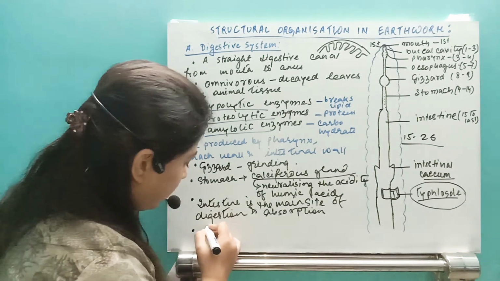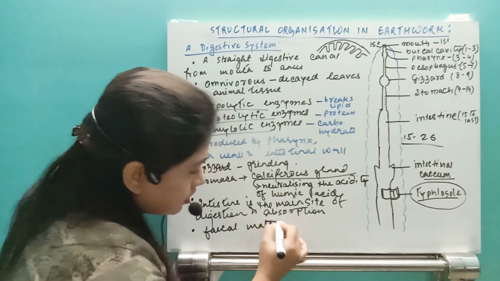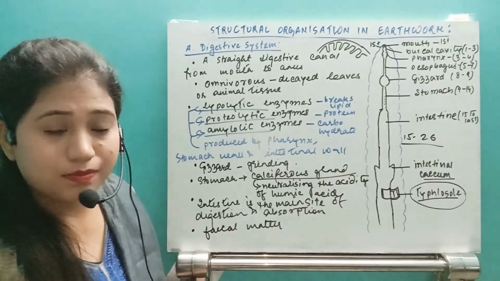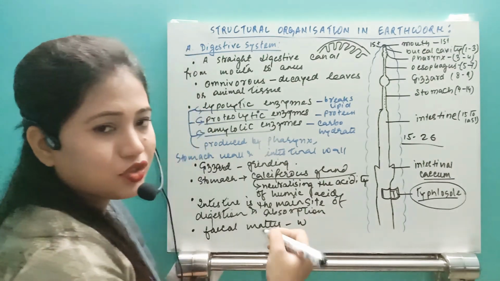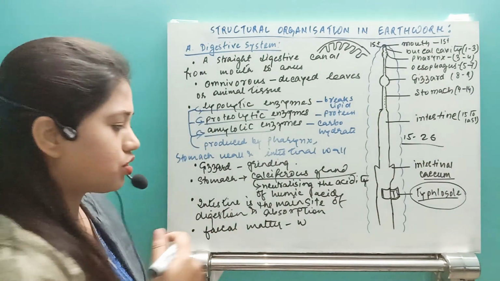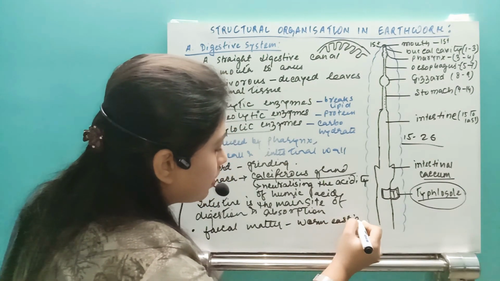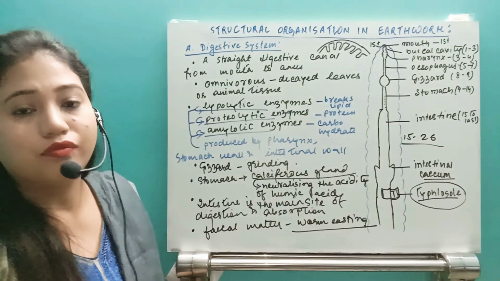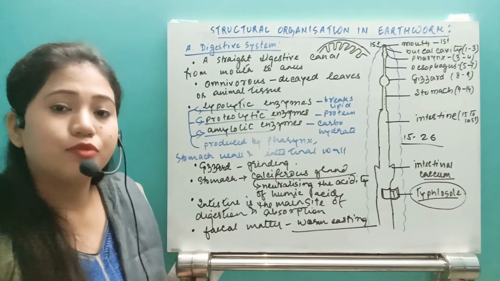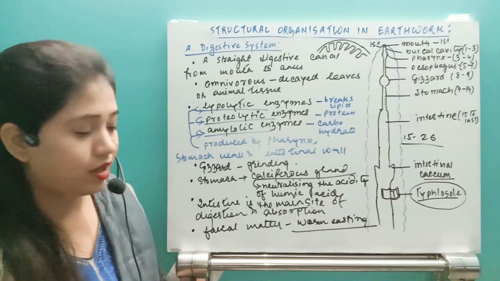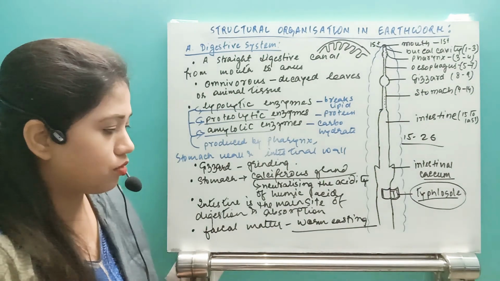Whenever it is released by this worm, it looks like a pellet-like structure, so that's why it's known as the worm casting. This worm casting is seen during the rainy season, when the earthworms come to the surface of the soil. They release this fecal matter in small pellets. This is known as the worm casting.